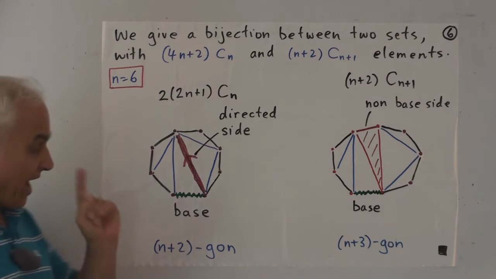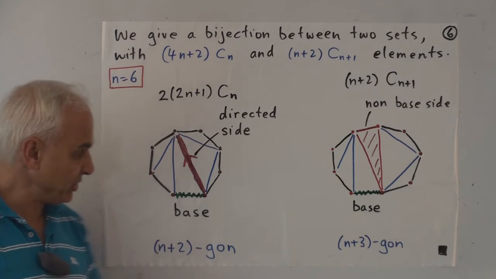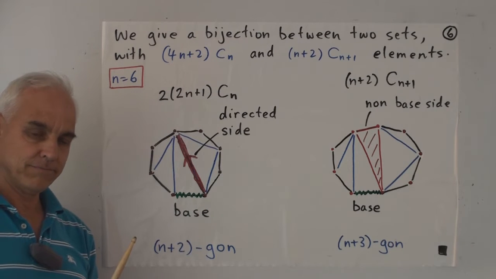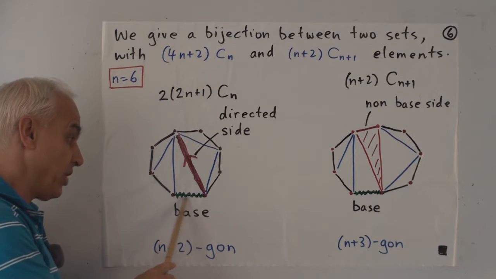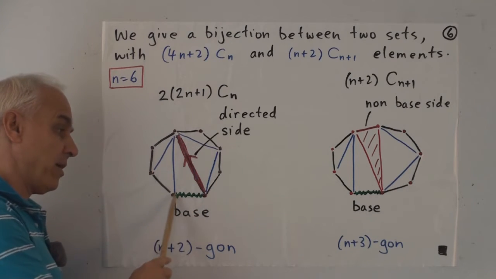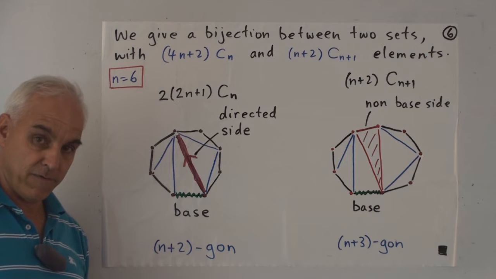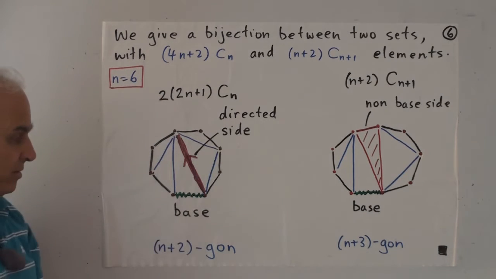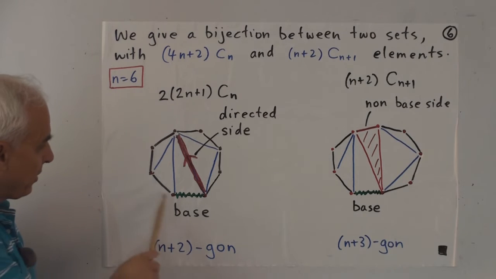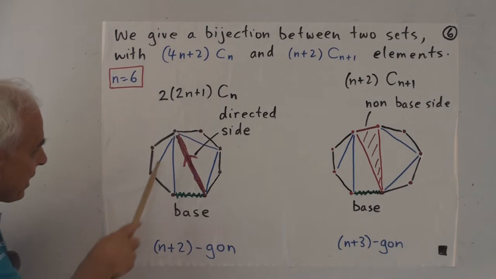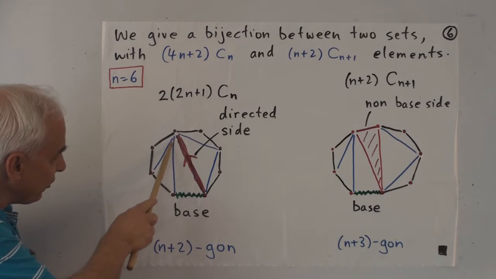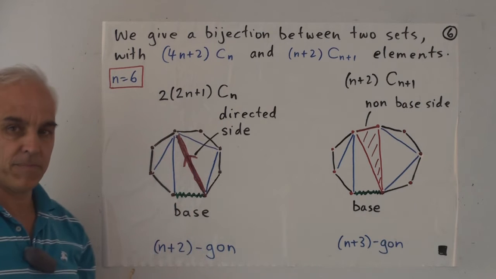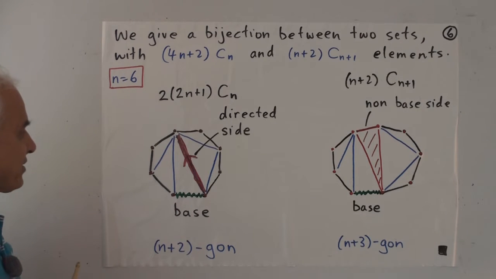Now once we have a triangulation of this n plus 2 gon, how many edges are involved altogether? Well, there are the original n plus 2 edges along the outside of the polygon itself. And then there are the edges involved in our triangulation. So here with this 8 gon, we see that the triangulation involves these new edges. There's 1, 2, 3, 4, 5 of them. In general, that's going to be the case.